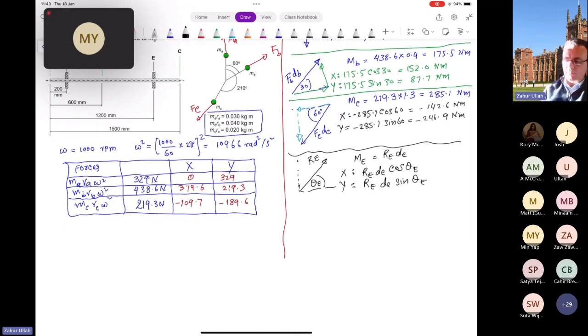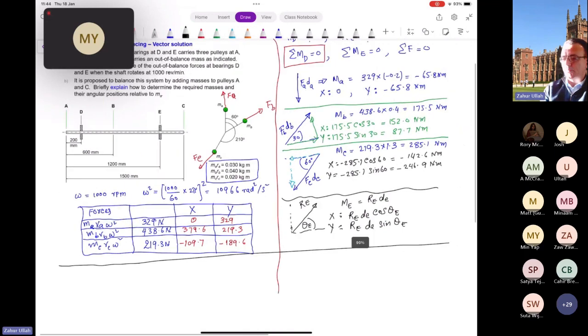And we are assuming that these are positive here. So after the calculation, if we get RE negative, this means that the assumed direction was wrong. So it should be the other way around. And similarly, if the y direction is wrong, then you get negative. So then it will be the other way around.